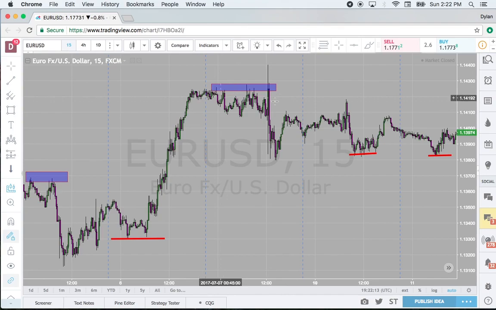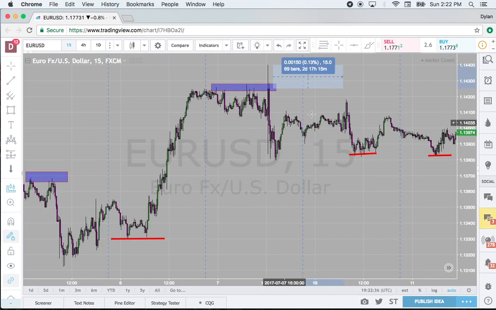So for example, we're at the high of the day on the euro. We have this wick to the high of the day of 15 pips. Now that may or may not have stopped us out if we bought in this area, having a 15 pip stop loss.